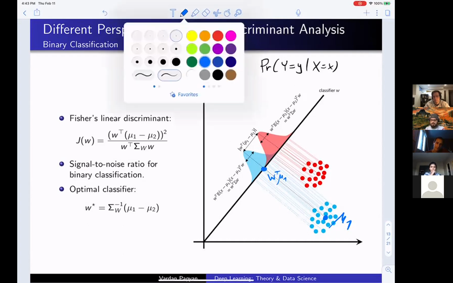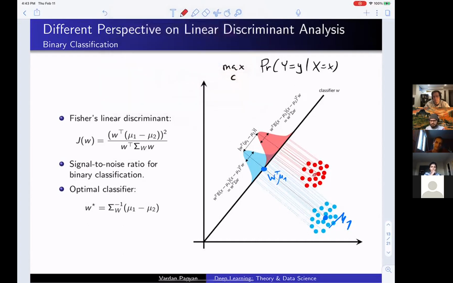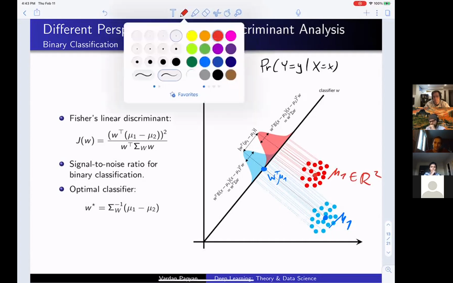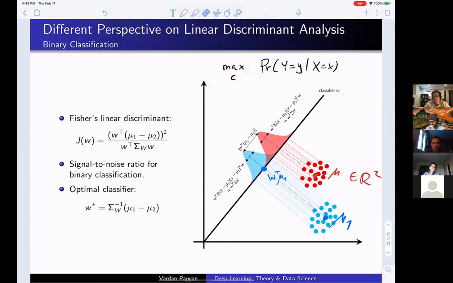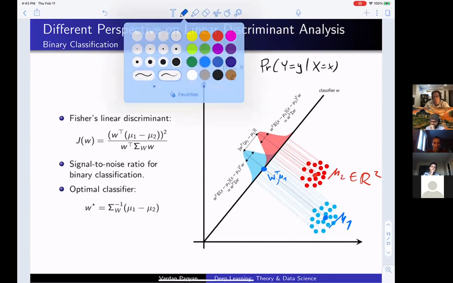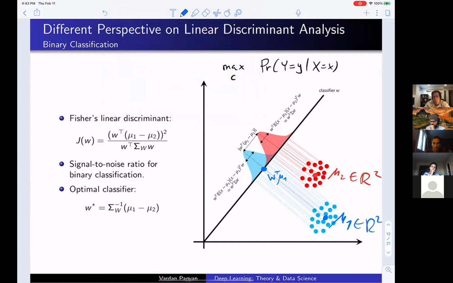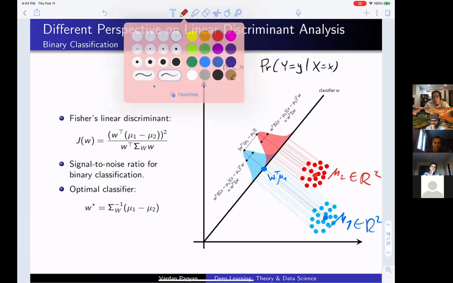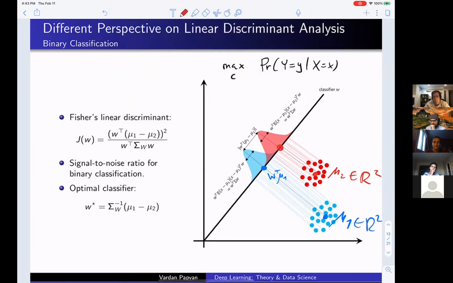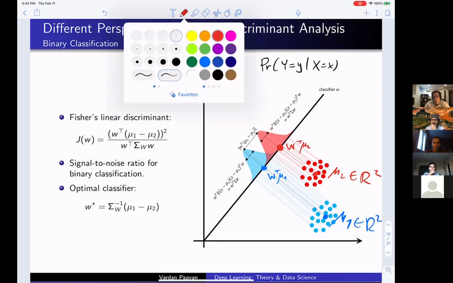And what would be the mean of the second cluster? Here we have a mean mu1, so mu1 is in R2. Sorry, this would be mu2, my bad. So what would be the mean of the other thing? It would be the same, so it would be W transpose mu2. And so what is the difference between the two means?